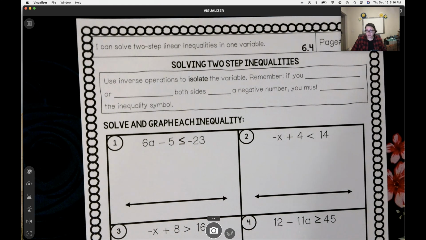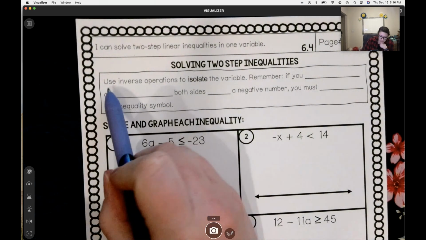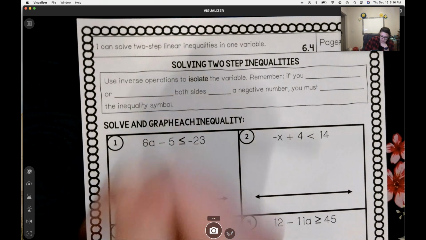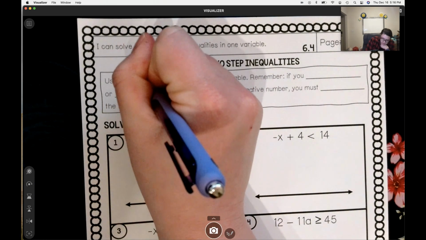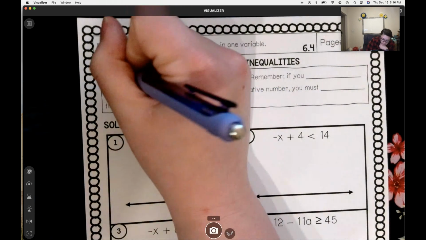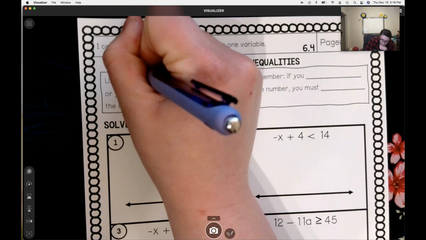So let's go through our vocabulary and remind ourselves of what these things mean. We want to use inverse operations to isolate the variable. That first vocab word, inverse, means what again? Opposite.